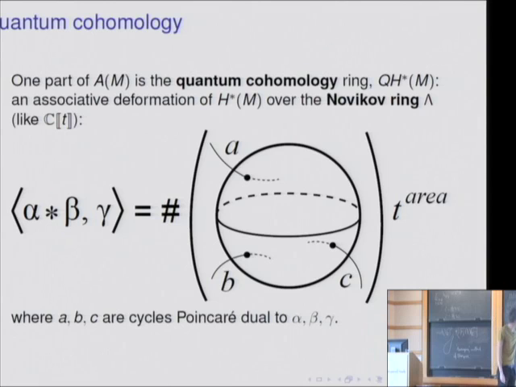The Poincaré pairing of gamma with the quantum cup product of alpha and beta is a count of holomorphic spheres passing through cycles A, B, and C, Poincaré dual to the cohomology classes alpha, beta, and gamma, and we weight this count by T to the symplectic area of the holomorphic sphere. So that's an element in this coefficient ring. Okay, so that's quantum cohomology.